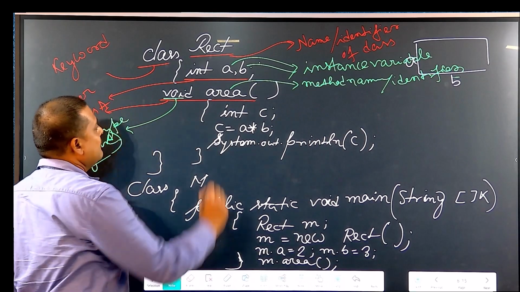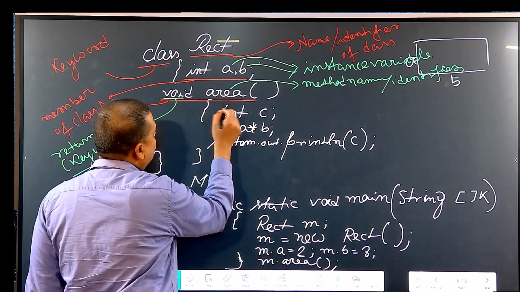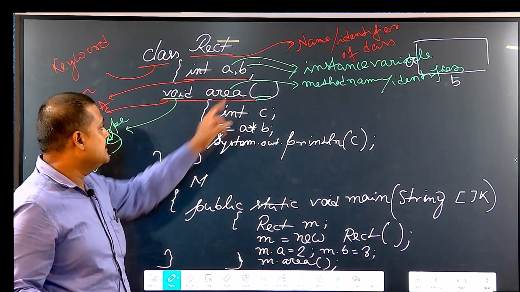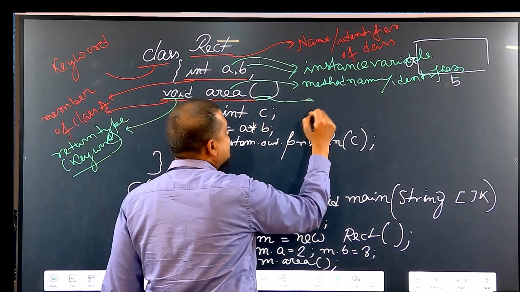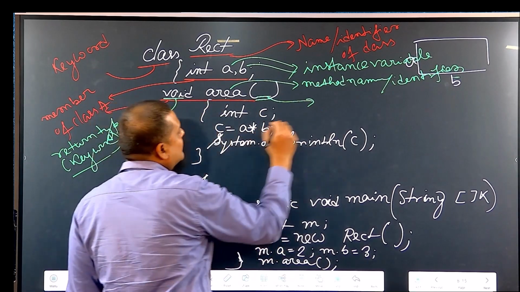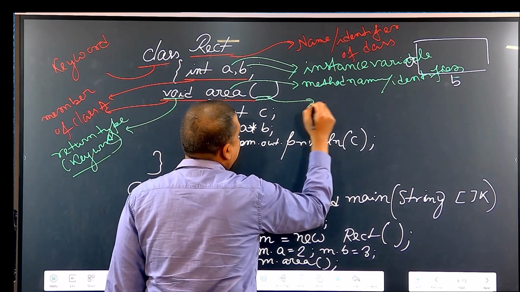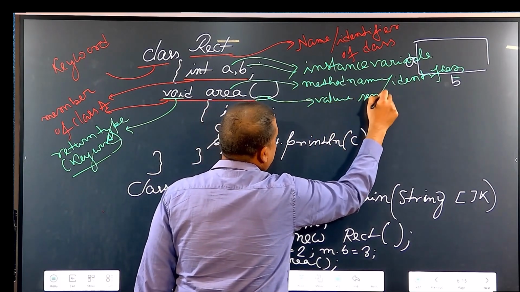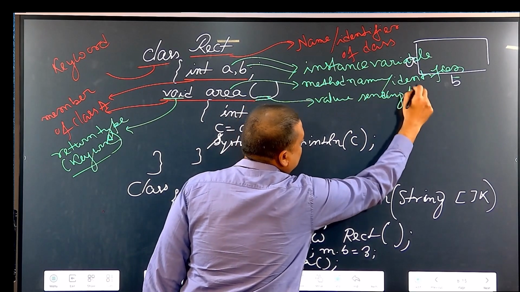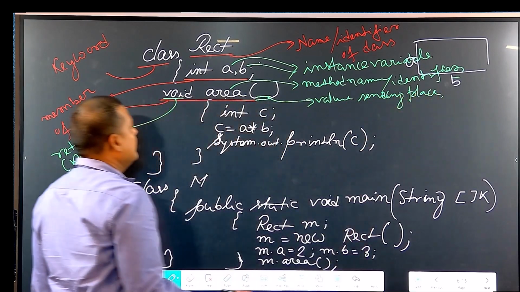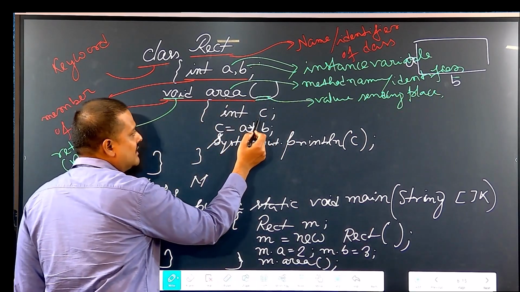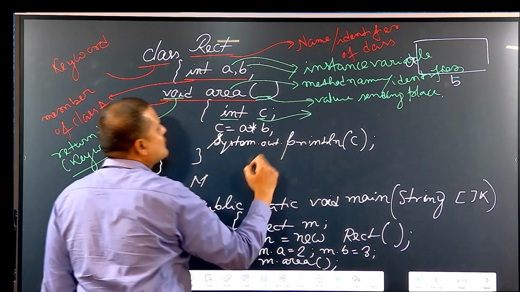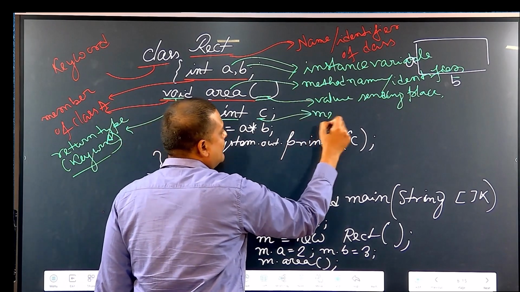Now, this is area, and through this we can send values to this particular method, this is the value sending place. This is again a data type, again a variable, but this variable is called a method local variable.